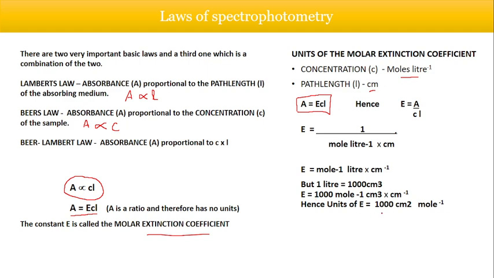From here we also get another unit of epsilon, which is 1000 centimeter square mole inverse, and the other one is mole inverse liter centimeter inverse. So there can be an MSQ question like: the unit of molar extinction coefficient is/are. Then you get a few options, among which these two are there. So mole inverse liter centimeter inverse will be correct, and 1000 centimeter square mole inverse will also be the correct answer.